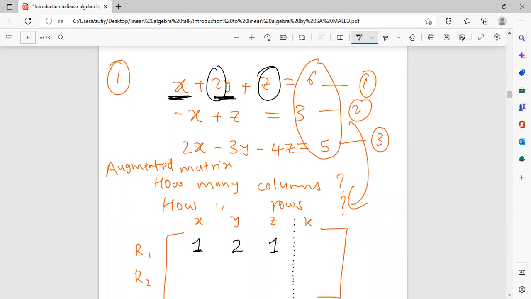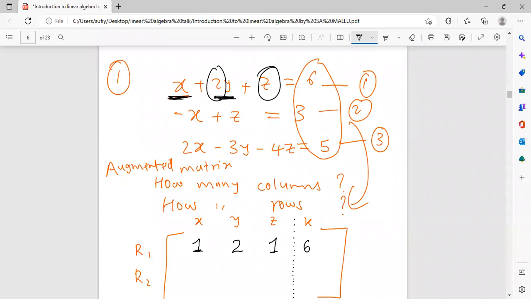It's not a must, but it's a good practice, so that you know that what is before this dotted line are the variables, and what is after that is your given solution, in other words, your constant k. In equation number 1, the constant k given to us equals 6. Are you all fine with row 1 then?